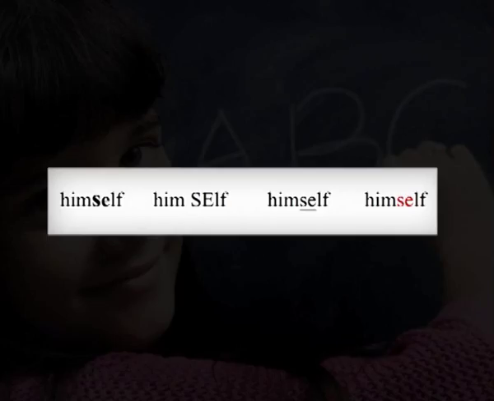Teachers can emphasize the stressed syllable by using visual effects such as thicken, capitalize, underline or color. For example, see how the stressed syllable is highlighted in the word himself.